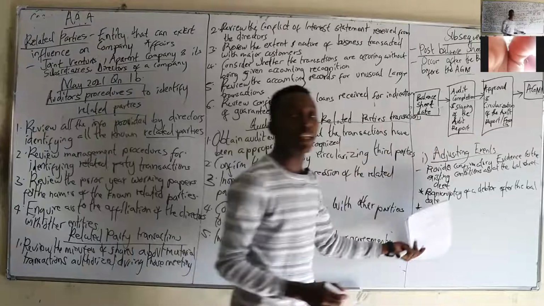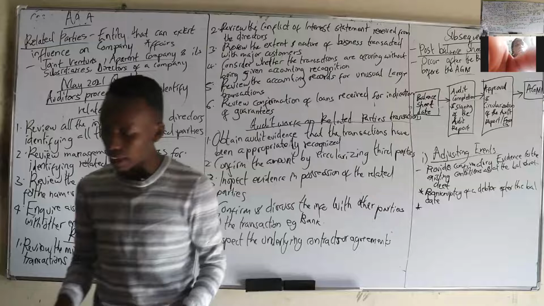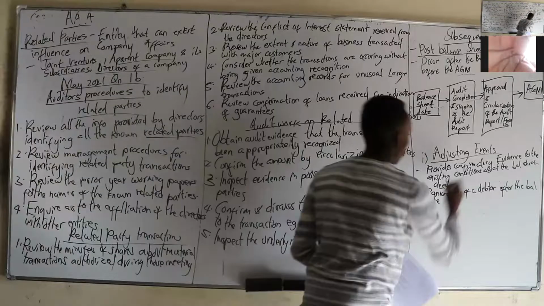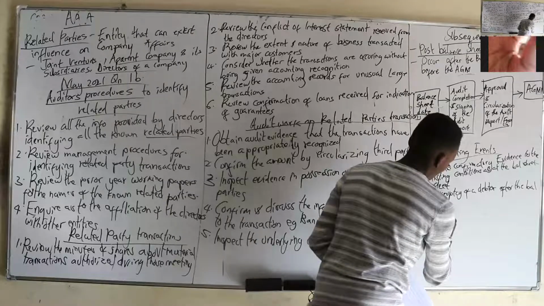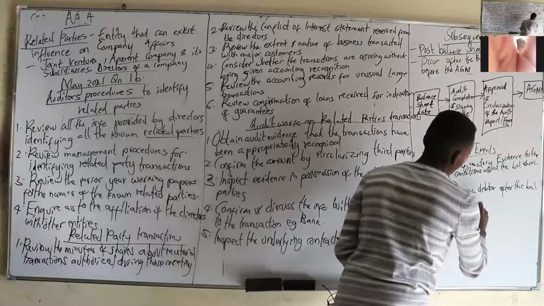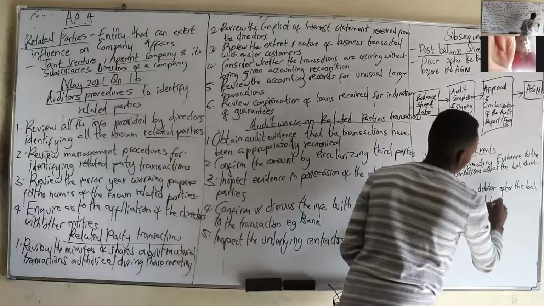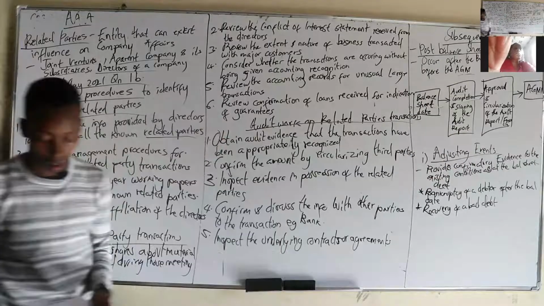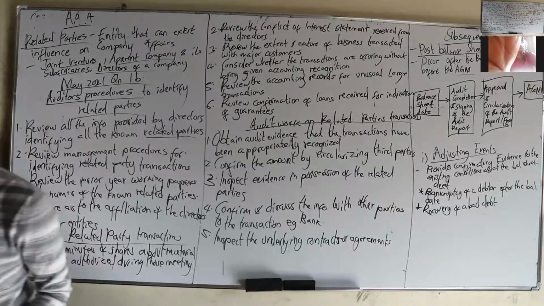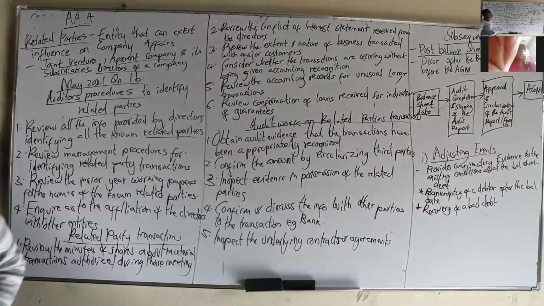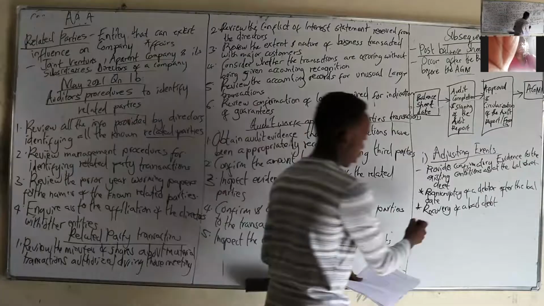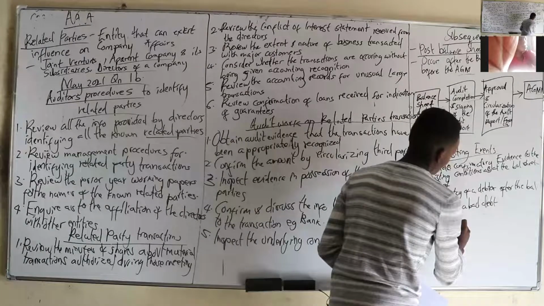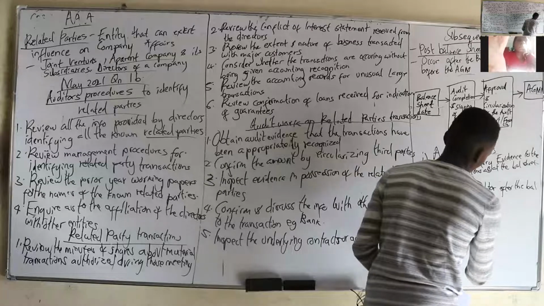Also, recovery of a bad debt after this balance sheet date is also considered an adjusting event. It means that we should adjust the debtor's account in that case also. And then if we sold goods below cost, so sale of goods below cost.